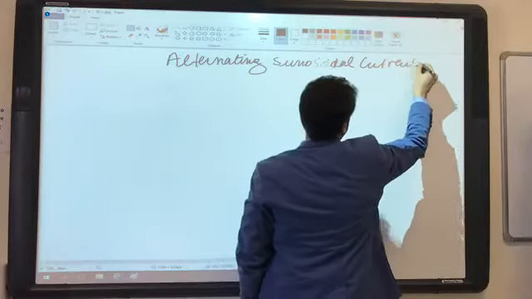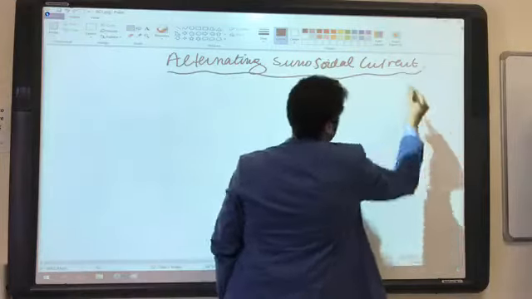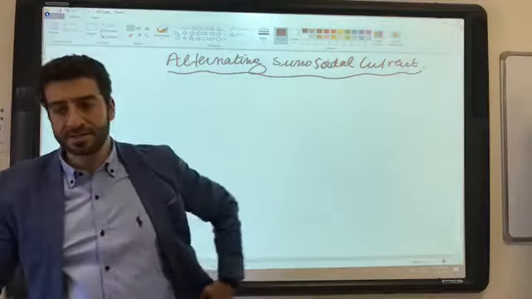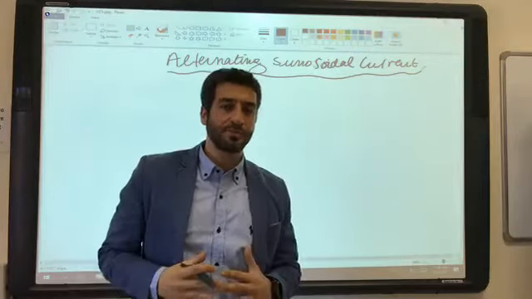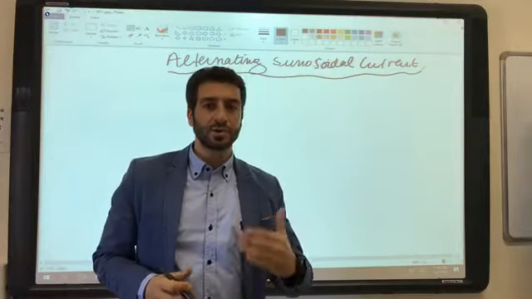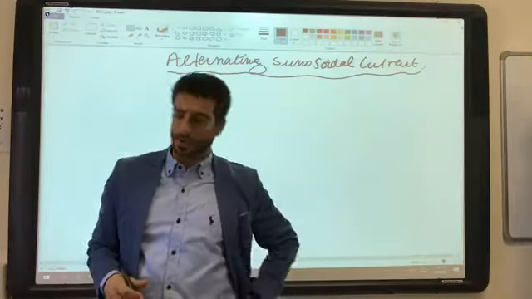We're going to begin this chapter. It is alternating, which means that it is changing. So the current is changing. And sinusoidal means it is going up and down, like sine and cosine functions.